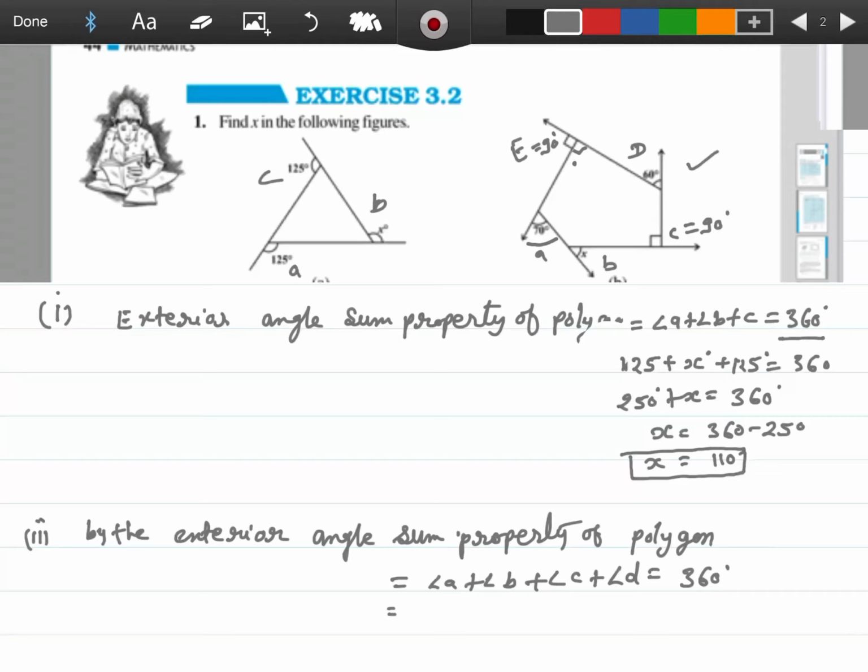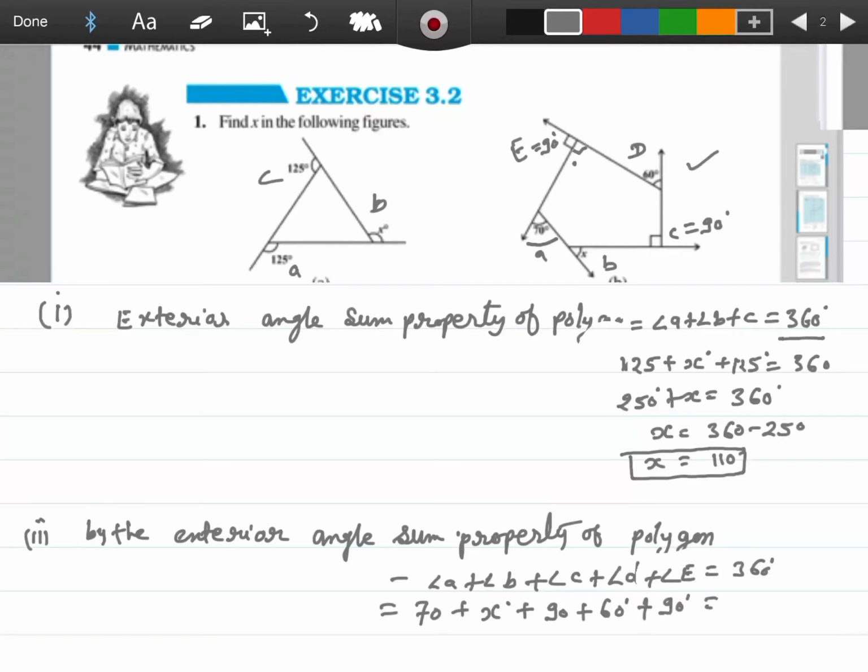Now one by one we'll put the value of each angle. Angle A is equal to 70 degrees. Angle B is unknown, so let us assume it is x degrees. Angle C is equal to 90 degrees. Angle D is equal to 60 degrees, and angle E is equal to 90 degrees.